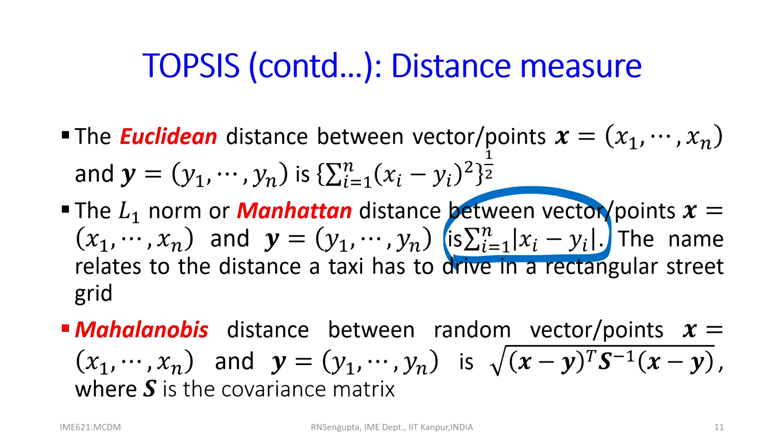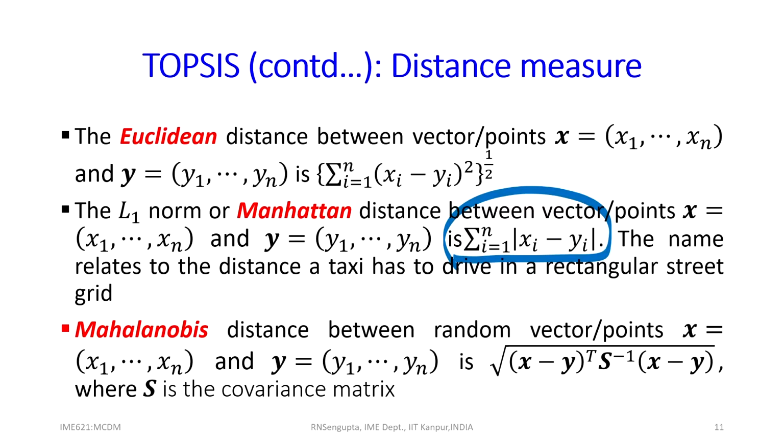Manhattan norm basically means if you look at the city of New York from the top, the roads are all parallel to each other and orthogonal, exactly 90 degrees. So, I am taking the mod, and based on that I find the Manhattan norm. The name relates to the distance a taxi has to drive in a rectangular street grid, which I will show in a few minutes.